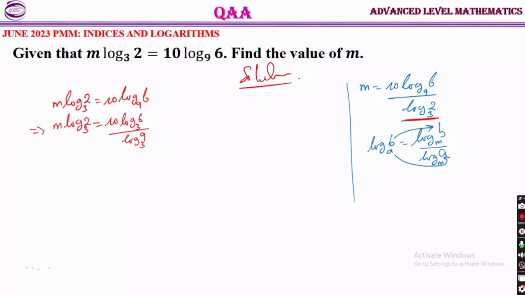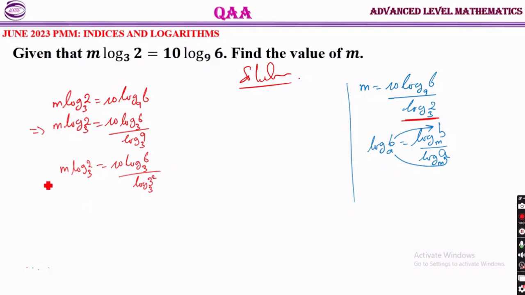Going back to the question, we'll end up with something like m log to the base 3 of 2 equals 10 log to the base 3 of 6 divided by log to the base 3 of 3 squared. This 3 squared is 9.